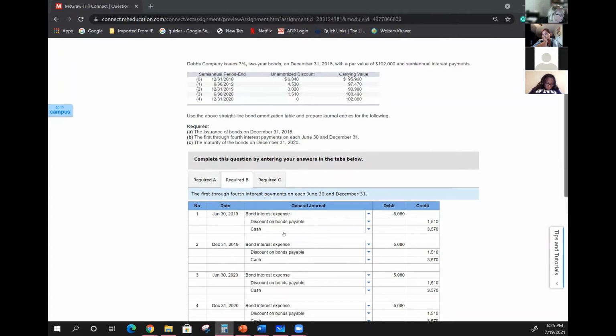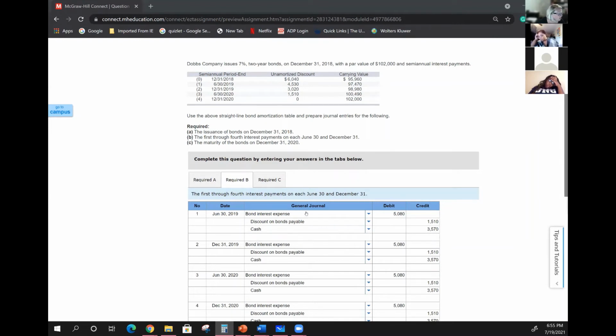So that number you can figure out, and you know that you have to pay that number out. And that's what this credit is for cash for 3570. So it might be good to know that you need to set that up that way first, because you know that cash is going out.